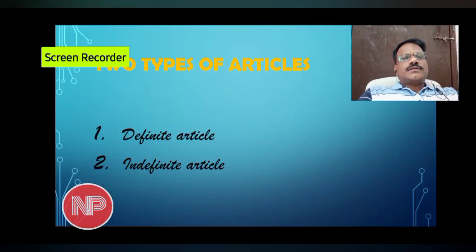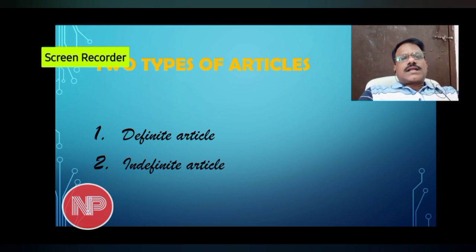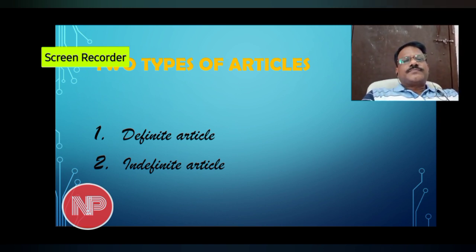See, there are two types of articles in English. One is the definite article and the second type is the indefinite article. As you know, a definite article is used to mention a particular thing specifically, that is a specific, definite one, and the other type is the indefinite article.